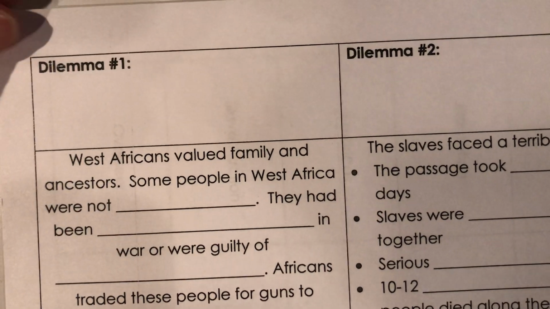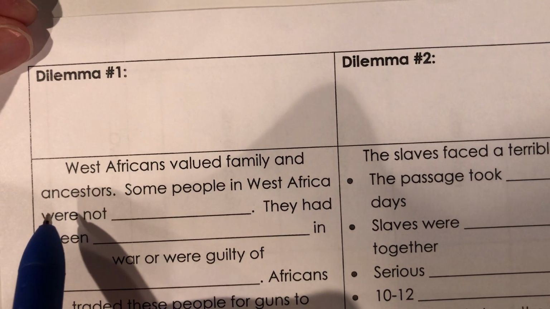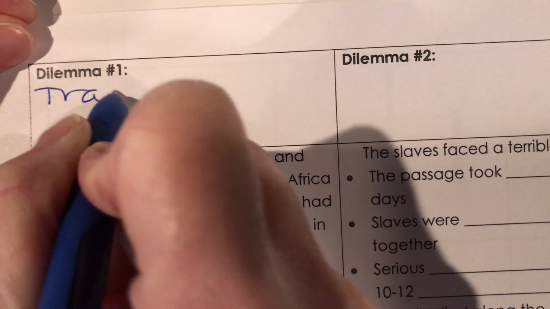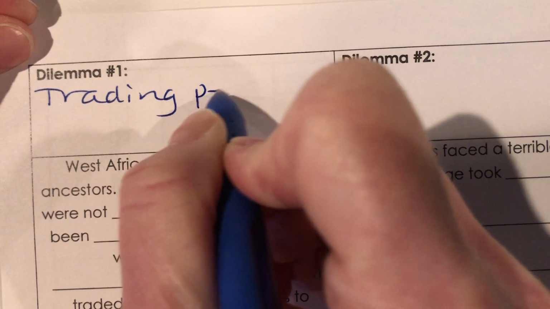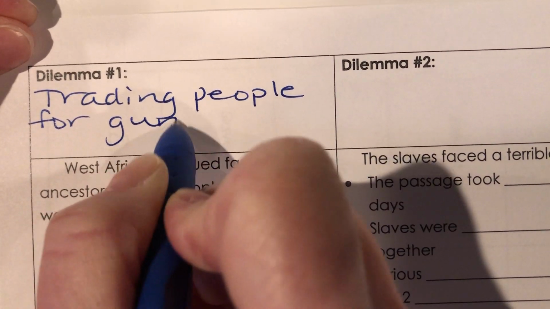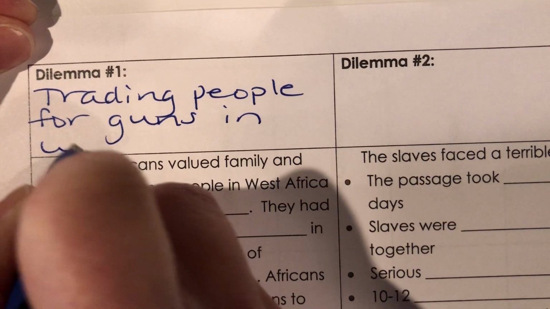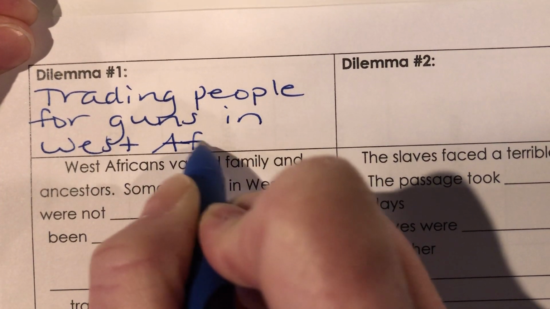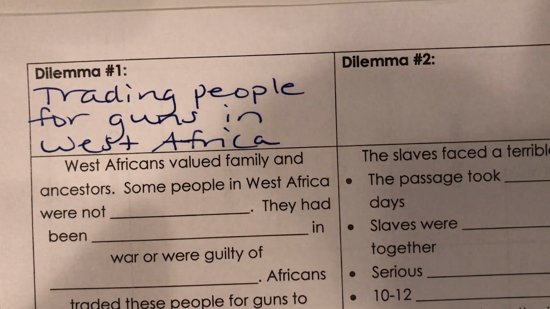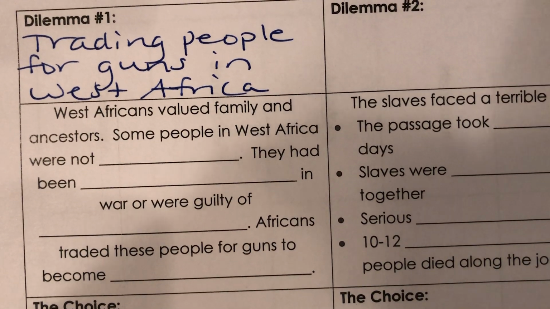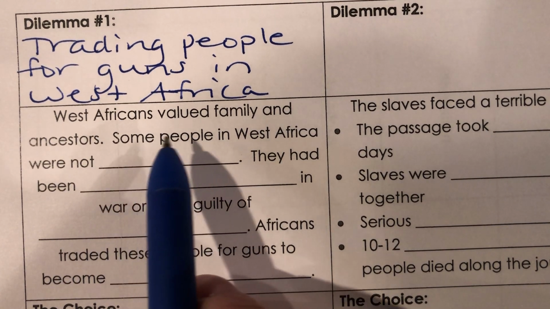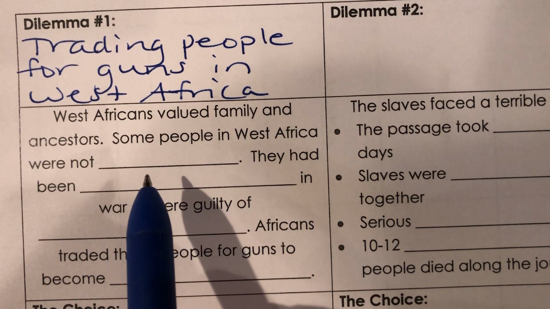And the first dilemma that we had talked about was trading people for guns in West Africa. And remember, you were kind of faced with 3 different choices, and none of them were good. That's what makes it a dilemma. So kind of summarizing this, West Africans valued family and ancestors.